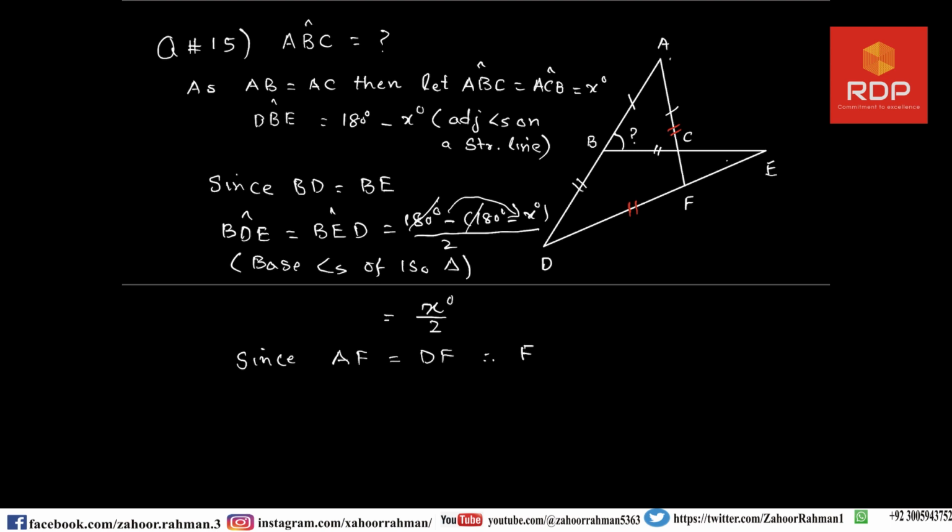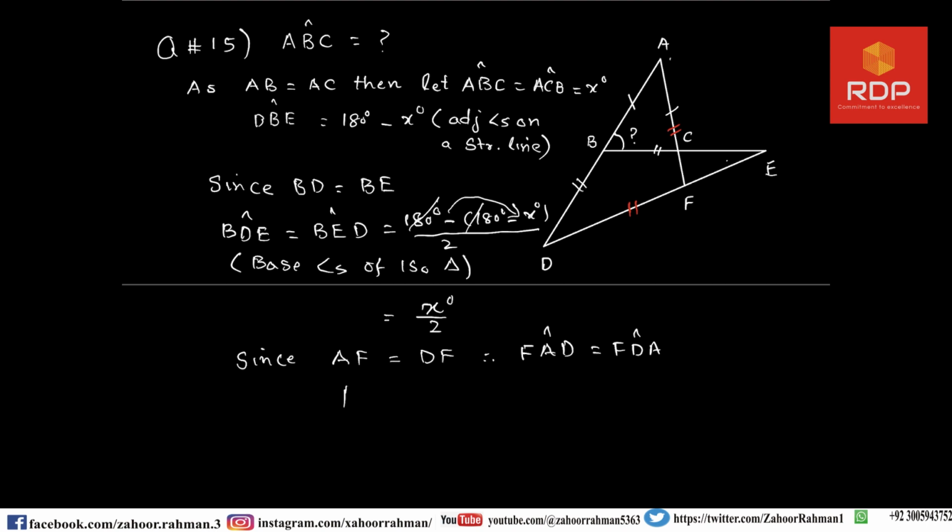We can conclude that FAD is equal to FDA. FAD, which is this angle, must be equal to FDA, and these are also the base angles of an isosceles triangle AFD.